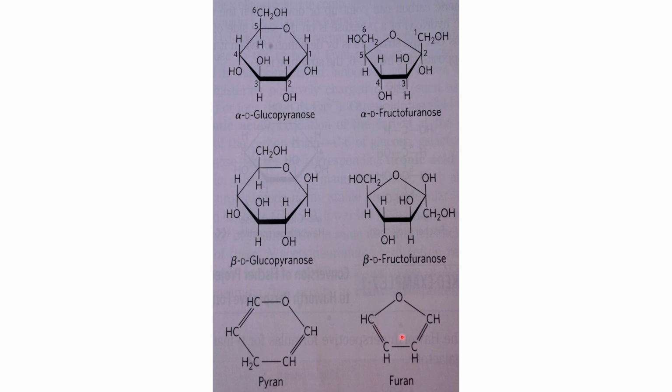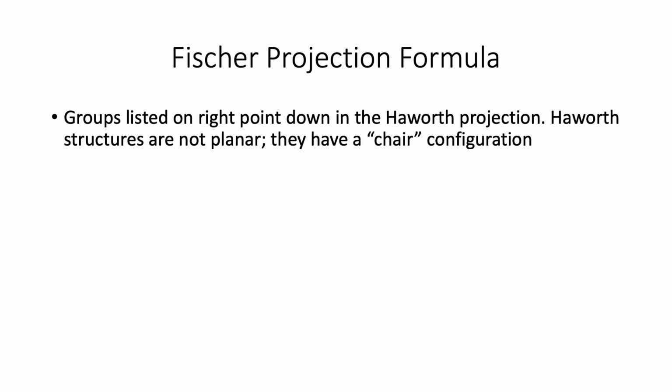So this is a furan skeletal moiety here, 5 constituents in the ring, and pyran, where you've got 6 with double bonds present in this orientation here, although these are pyranoses here, so these are hydroxyl groups that are attached. So again, the groups listed on the right pointing down, and then you've got a chair configuration.